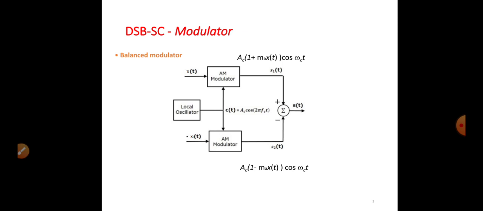To get the DSBSC signal we have to subtract s2(t) from s1(t). So s(t) is equal to s1(t) minus s2(t). Subtracting, you will get DSBSC as 2 m_a A_c x(t) cos(omega_c t).